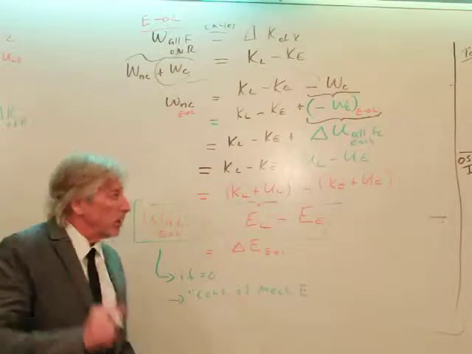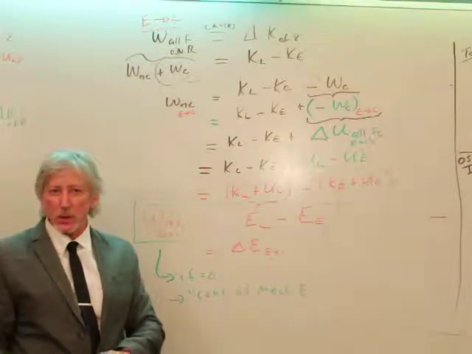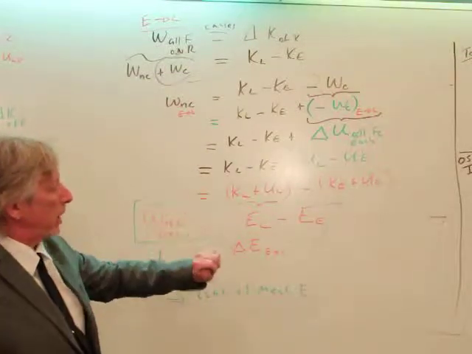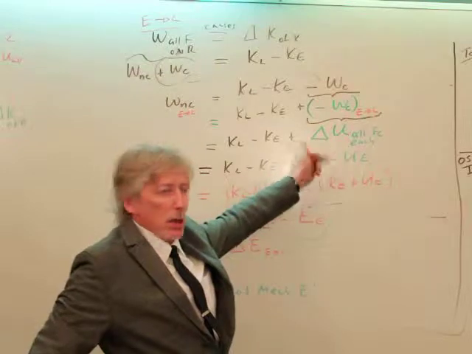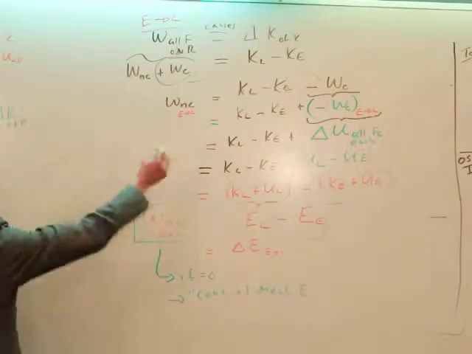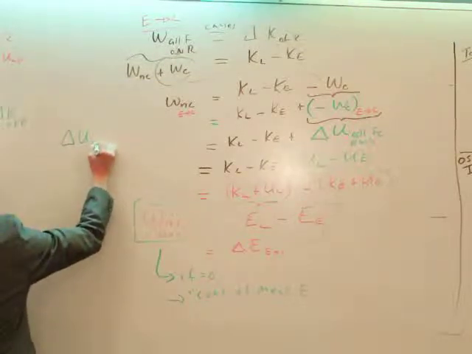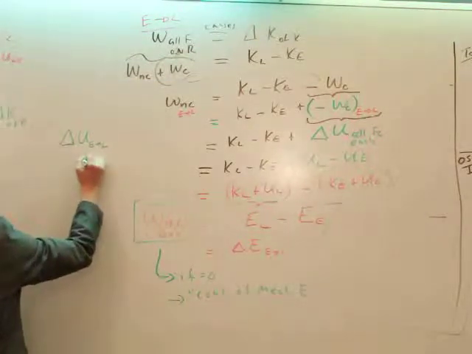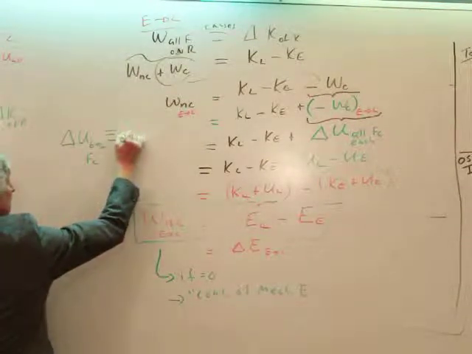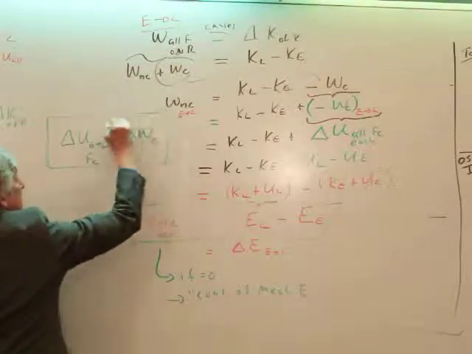Keep in mind though, this is a clever device for accounting. Behind the scenes, in reality, there is a force at play and there's no bank. And the definition is here. The definition is that the change in potential energy from earlier to later, for some conservative force, is, by definition, the negative of work from that conservative force.